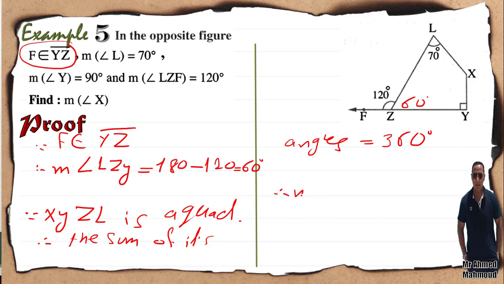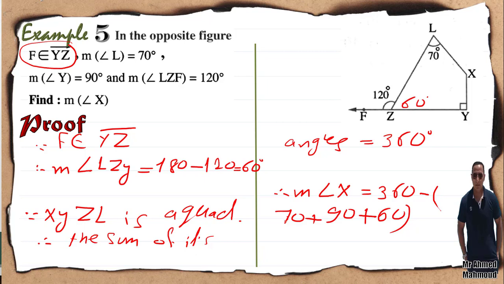Therefore, measure of angle X equals 360 minus (70 plus 90 plus 60) equals 140 degrees. The next question.